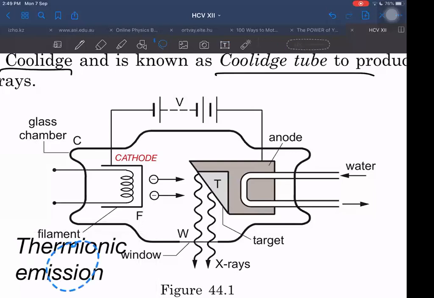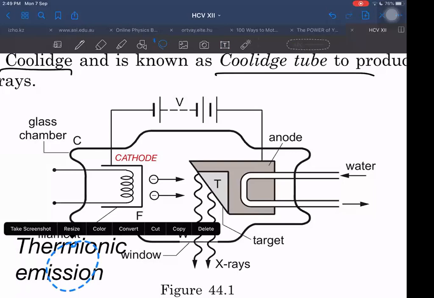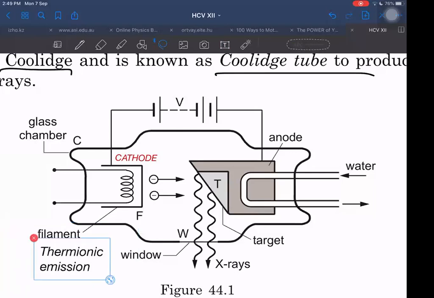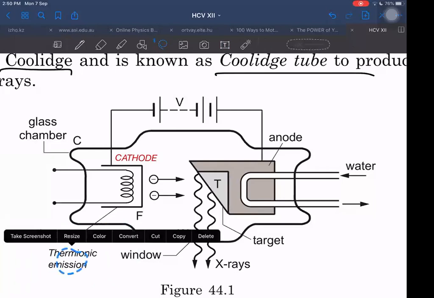As certain metals become very hot, because of the high temperature or high energy of the metal, the electrons also gain sufficient energy so that they come out of the metal. So they come out with nearly zero kinetic energy.